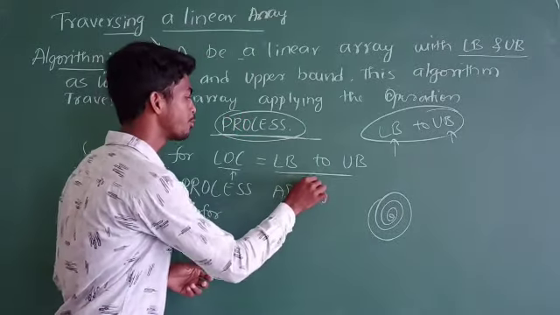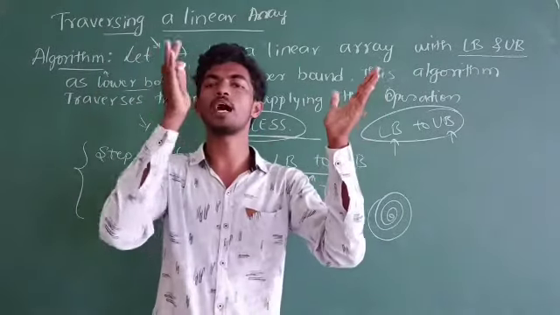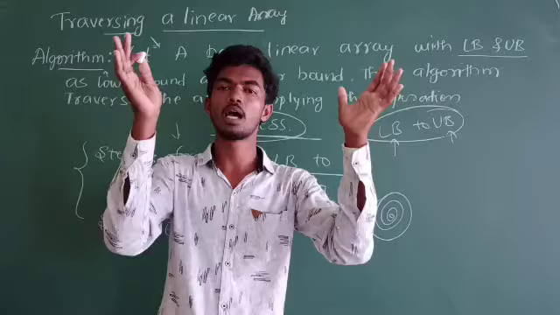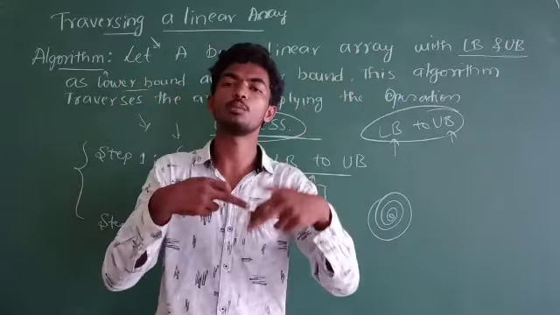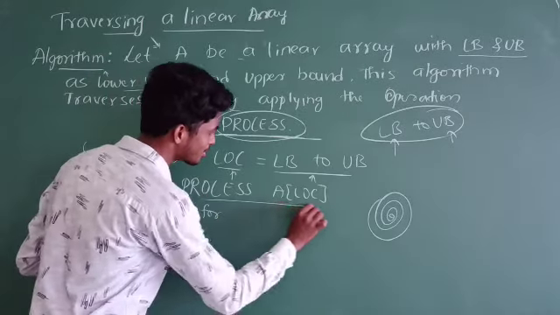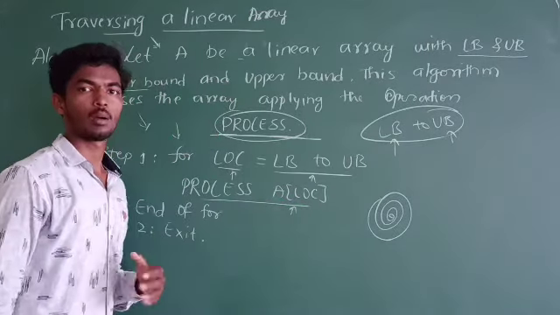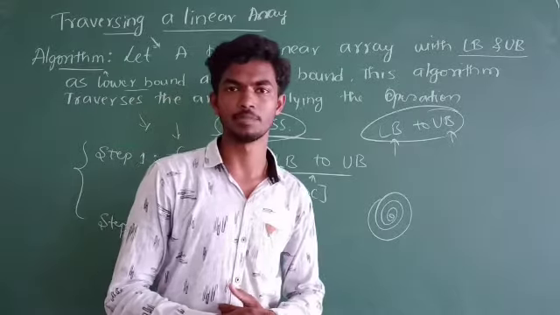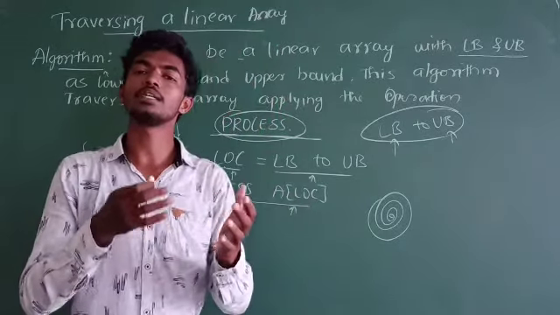For location LB to UB, where LB and UB are the bounds, and within those bounds it has to loop. What does it have to do in the loop? Process A of location.